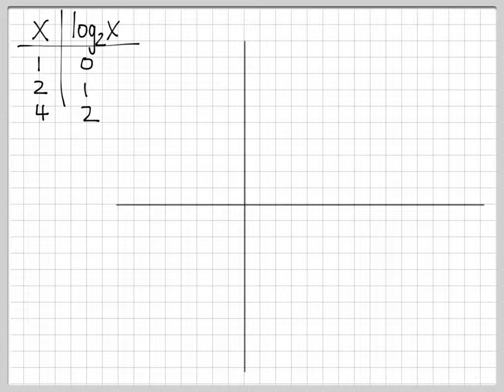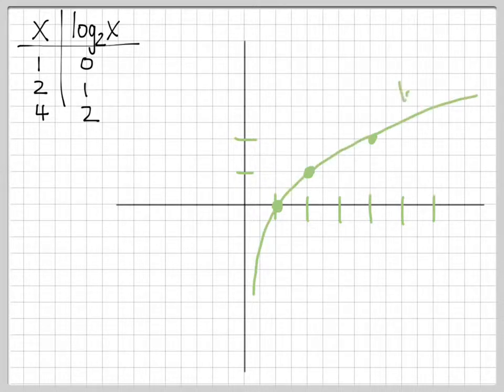And let's just go ahead and put those on the graph. So there's 1, 0. Here's 2, 1. And here's 4, 2. And there's our normal graph of log 2 of x.